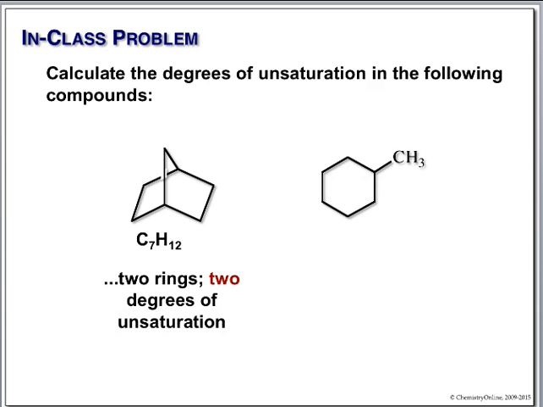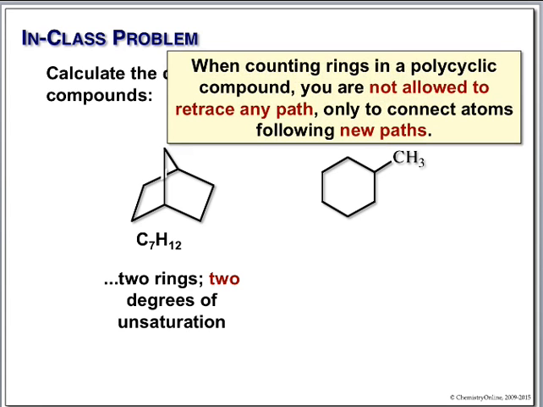Now I say 2 rings here. What do I mean by 2 rings? This is what is generally called a polycyclic compound because we have more than 1 ring in this molecule. The rule for calculating DUs, just by looking at it, not doing the formula, is to start anywhere in your molecule and trace a continuous path.